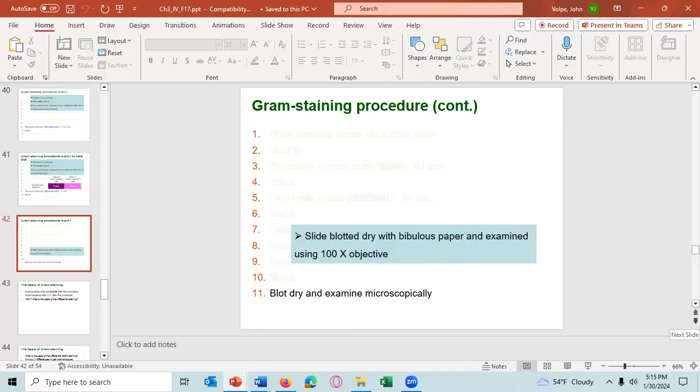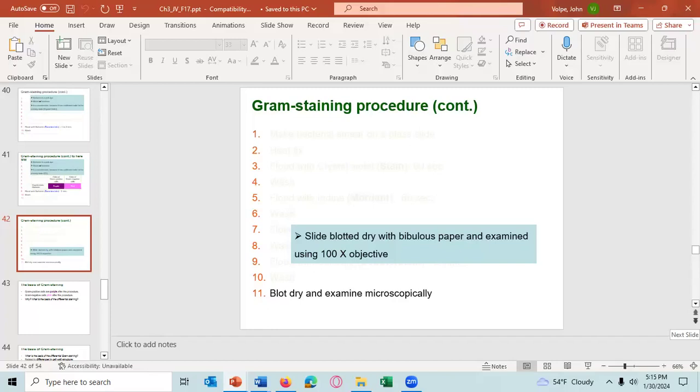I don't know if you guys can see this. I'm trying to demonstrate, and it occurred to me you probably aren't seeing this. So this is the bibulous paper. You rip it off and then tap it. This is the slide. Tap it down. That's to get the water off the slide. You do not move the slide across the bibulous paper, or vice versa, the bibulous paper across the slide.